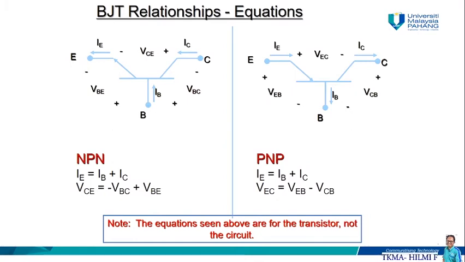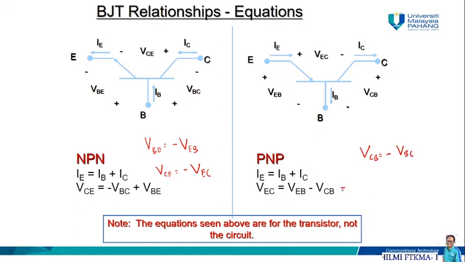So basically in this figure we can also understand that VBE is also equal to negative VEB. VCE is also negative VEC. So it will be the same. And for PNP, the terminal is different, we can say that VCB is also equal to negative VBC.